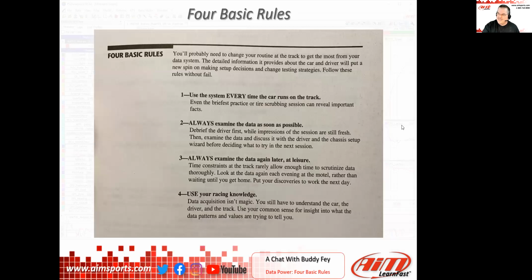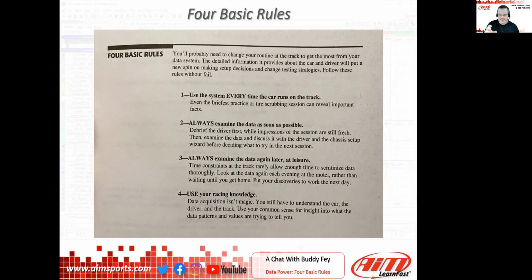And as we get into some other questions, this one here, I don't remember exactly where it is in the book, but I'd like everybody's feedback a little bit on this, and certainly yours. Four basic rules. This is part of your book. Use the system every time the car runs on the track. Even the briefest practice can reveal facts. Always examine the data as soon as possible. Always examine the data again later.